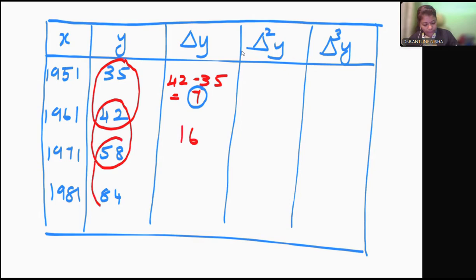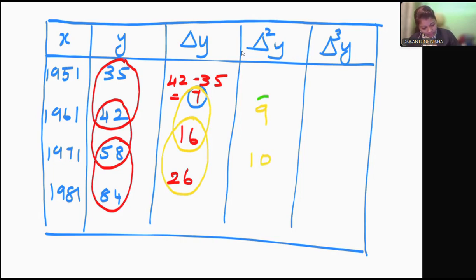Next, 84 minus 58 is 26. Let us continue in the next column. 16 minus 7 is 9, then 26 minus 16 is 10. Next, 10 minus 9 is 1. Now you have to take all the values like this. For the forward interpolation formula, you have to concentrate on these values.